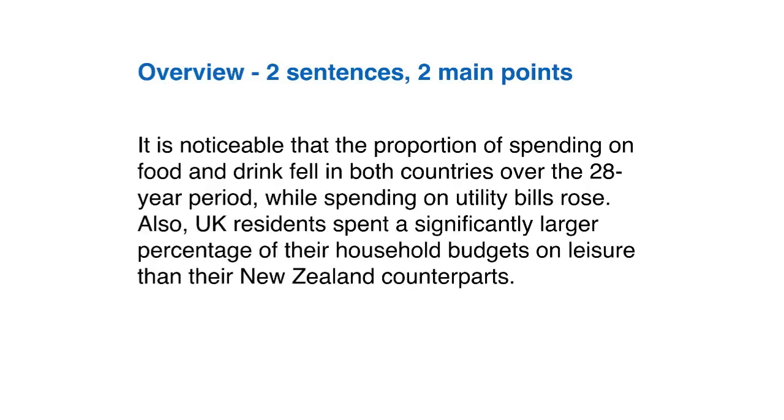Also, UK residents spent a significantly larger percentage of their household budgets on leisure than their New Zealand counterparts. So there I've talked about the big difference that I found, which was leisure spending. And a nice phrase at the end, their New Zealand counterparts. That means the same group of people in the other country, in New Zealand in this case.